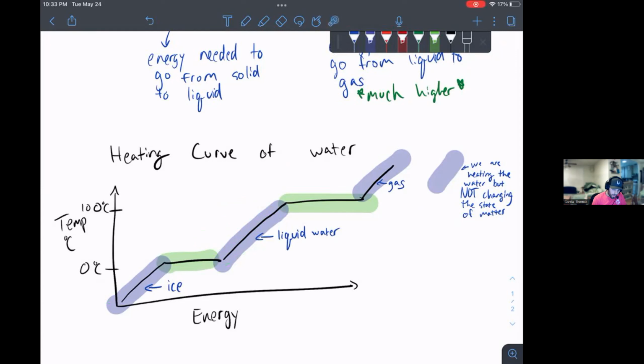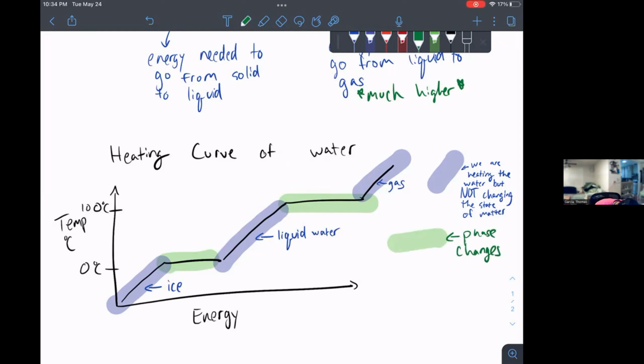So if we have our solid, our liquid, and gas, the question then becomes what's happening at these 2 horizontal points? Well, at our horizontal points, what we're doing is we have phase changes. And in these phase changes, we'll have both states at once.